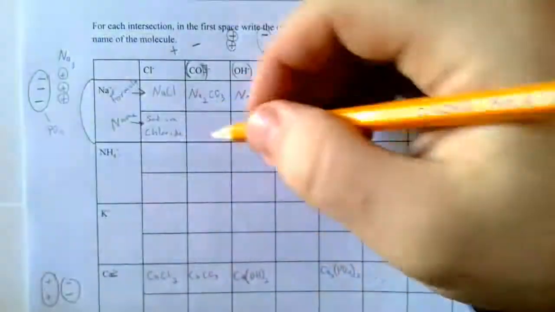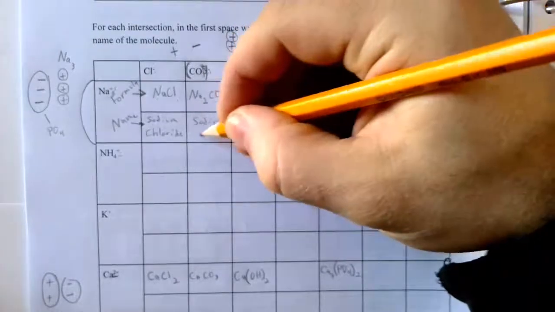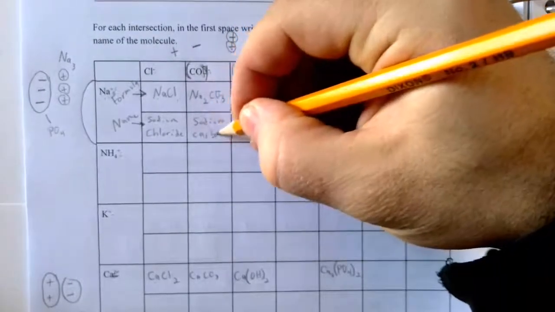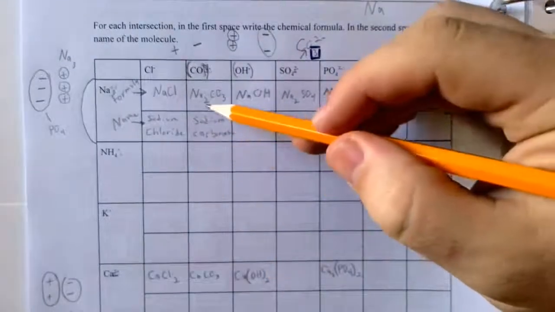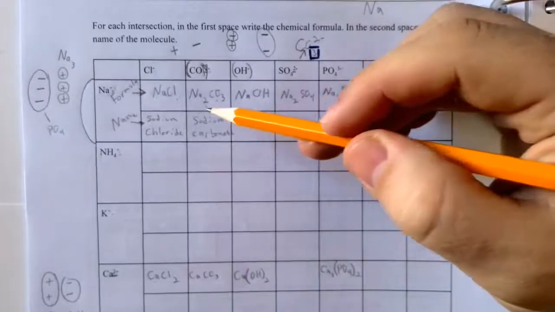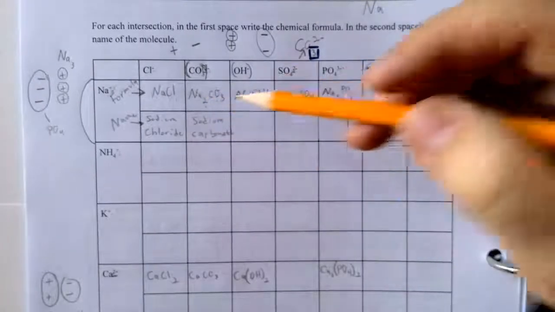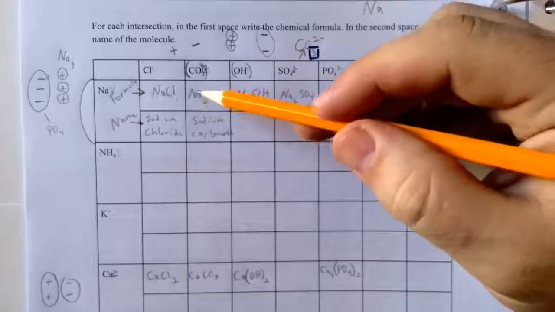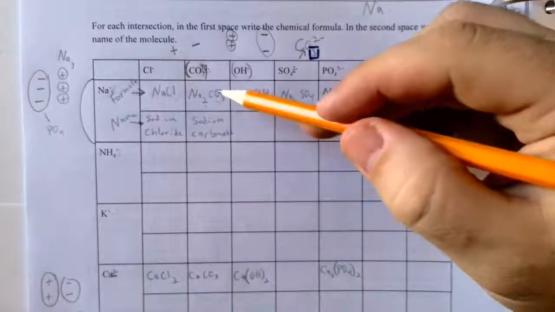So sodium chloride, and then we'll have sodium carbonate. Notice, in my name, I don't identify that there's 2 sodiums here. That's because that's the only way that this can actually bond. There's no way for sodium and carbonate to get together unless it's 2 sodiums to 1 carbonate, unless it's this exact ratio.